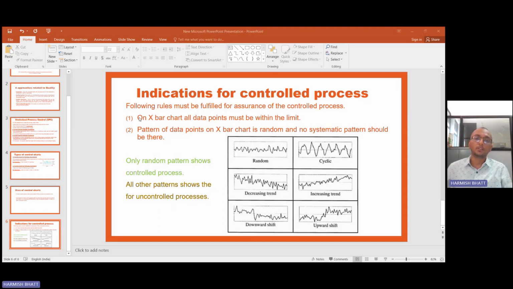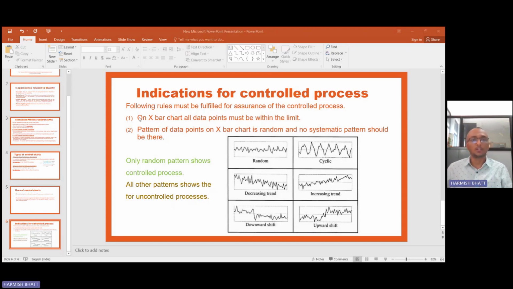It means that all the data points should be in between the upper limit and the lower limit. No data point should exceed the upper limit or the lower limit on the X bar chart. This is the first condition for the process to be controlled.